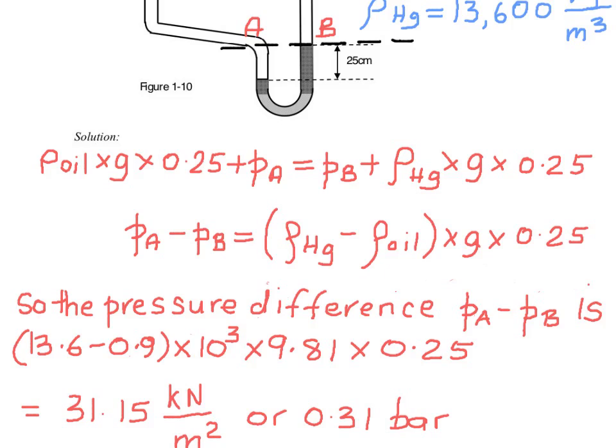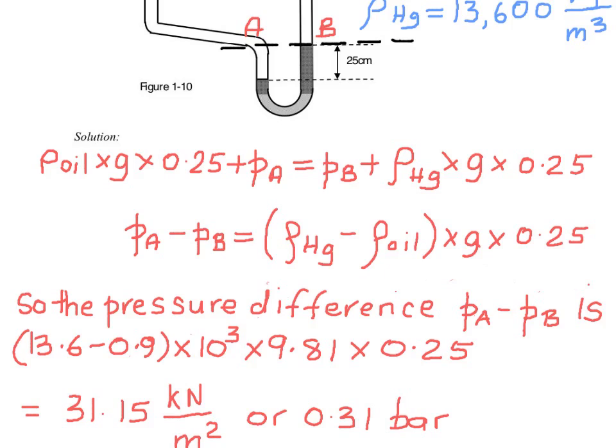So the pressure difference PA minus PB, which is essentially the same as the pressure difference 1 to 2, can be easily evaluated as given by this final line where the figures represent the density differences times G times the difference in height in the manometric fluid.